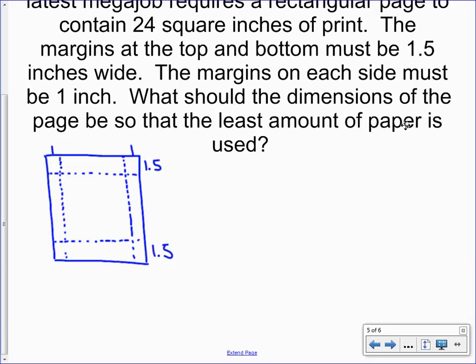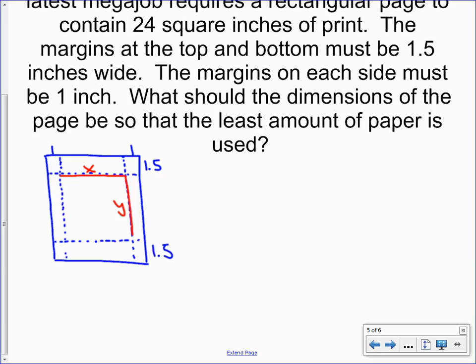So this is going to be my suggestion. Since we know the square inches of print, I'm going to call this x and this y. That will help with our square inches of print.